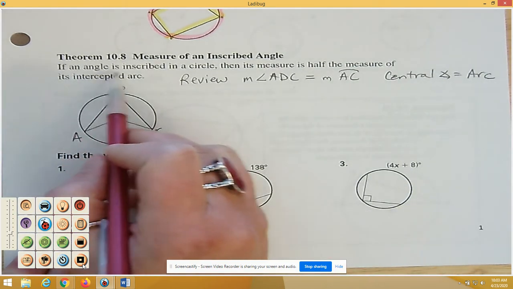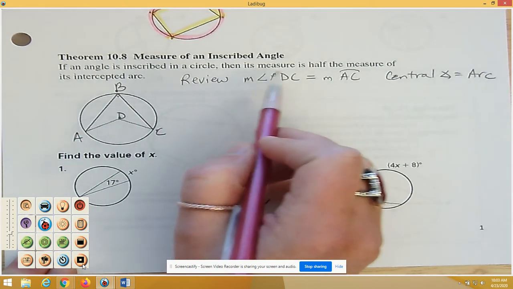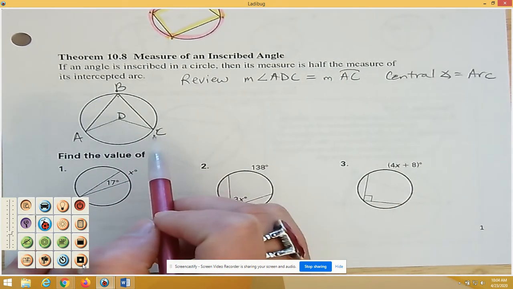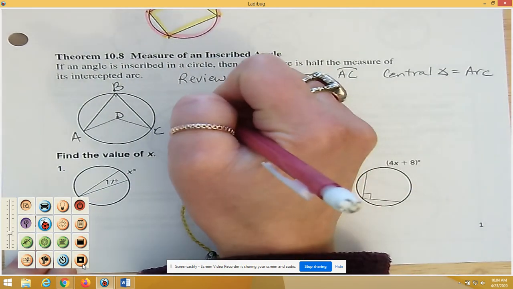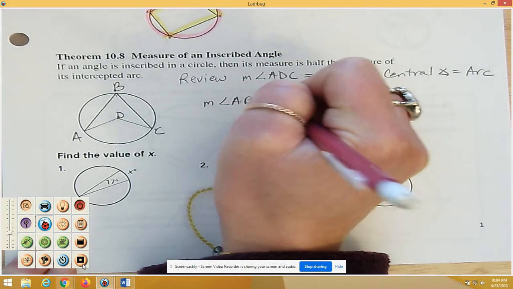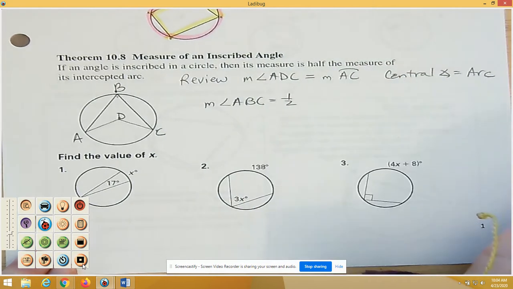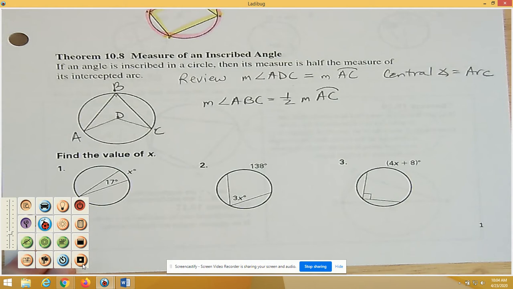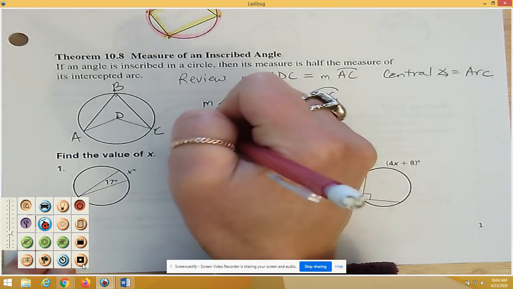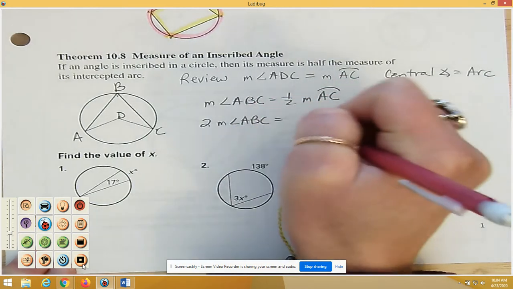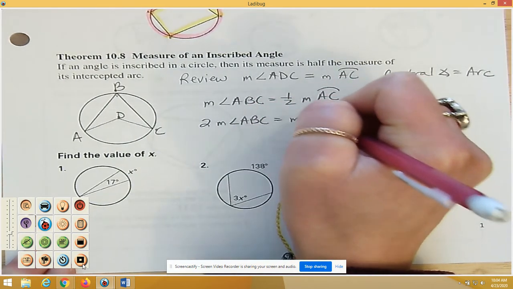If an angle is inscribed in a circle, then its measure is half the measure of the intercepted arc. So that's saying that the measure of angle ABC equals 1/2 the measure of the arc. And there's another way you could say it. I could say twice the inscribed angle equals the measure of the arc.